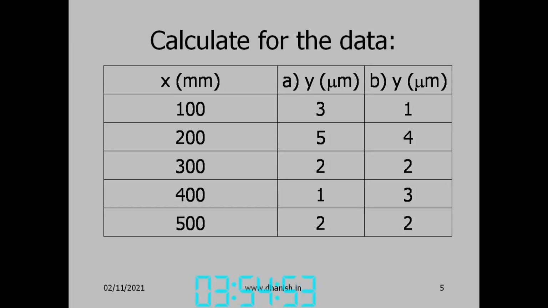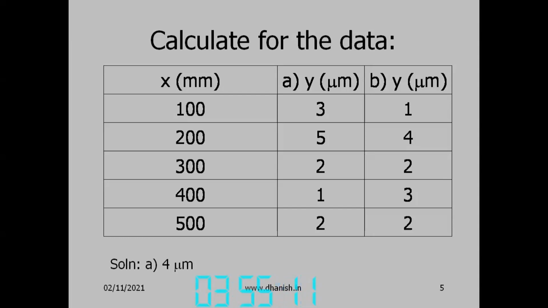So you got the heights Y at different locations X. Maximum is 5, minimum is 1 for the first data set. So the straightness error is 5 minus 1, which is 4.